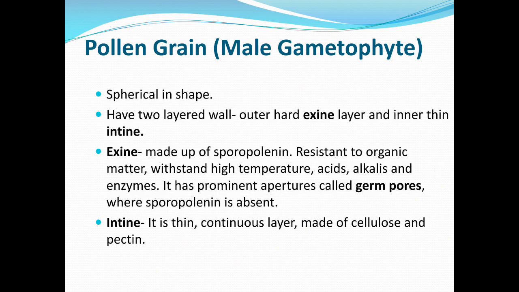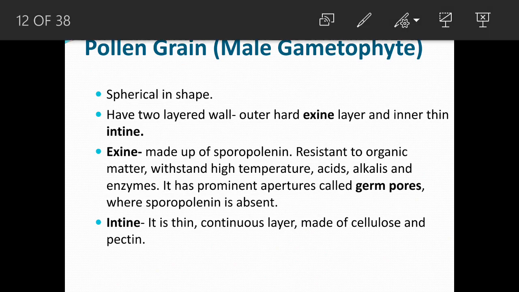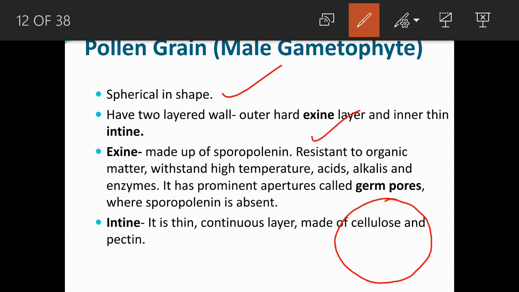Now the structure of the pollen grain. The pollen grain is spherical in shape with two layers: the outer hard one, that is the exine, and the inner thin one, that is the intine.